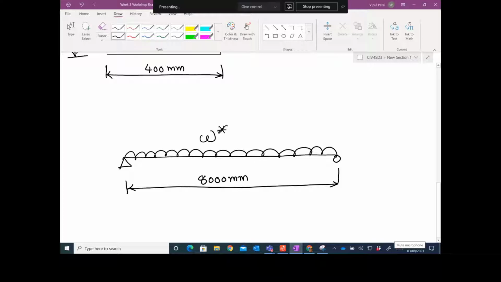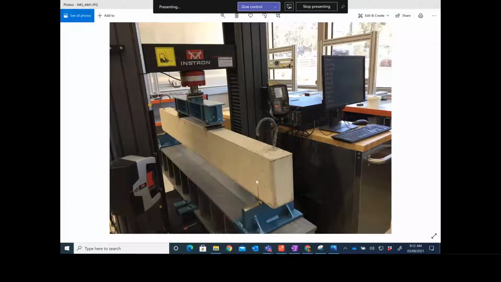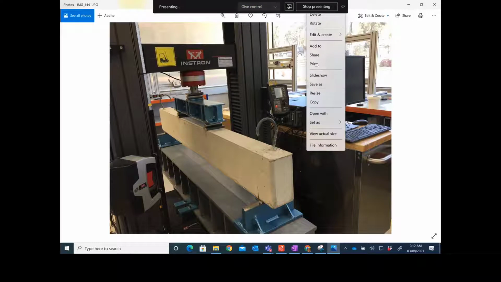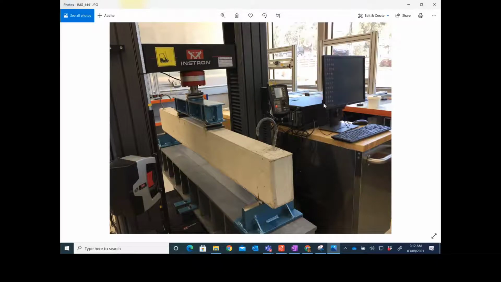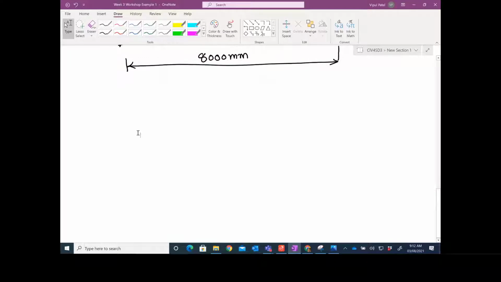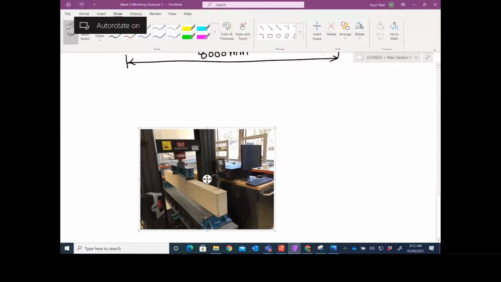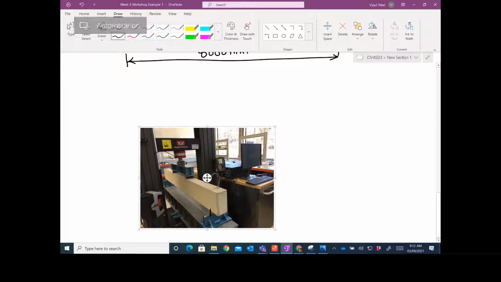I think I have photographs I can share with you. I generally like to do some real work. Can I copy this one? Copy here, because I just want to put it here so we can write on it. Oh, that's perfect. All right, this is the beam, and if you imagine, let's use red.